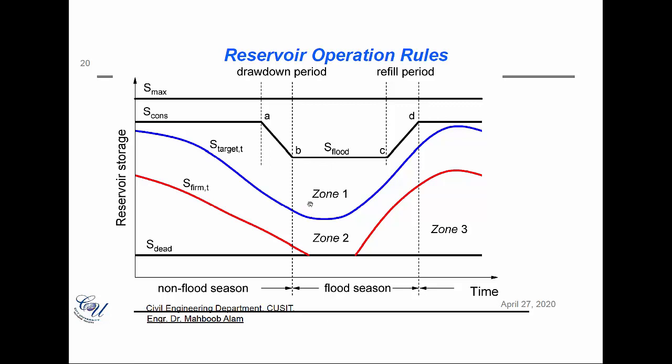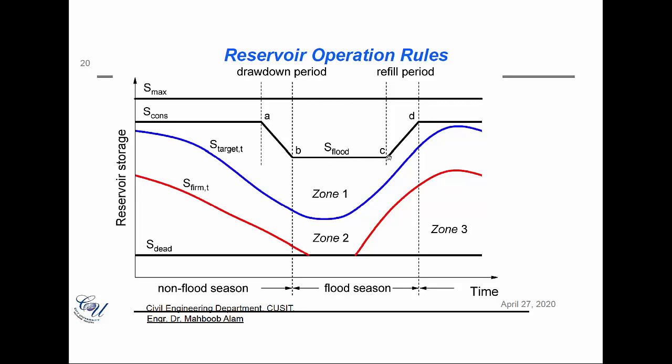When I'm entering the flood season, I have to reduce my storage. I have to draw down from the initial levels, so from point A to point B I have to reduce my levels in the reservoir to this level, because there is a flood season expected, and in flood we have higher discharge. So if this is my maximum storage level, then at least in flood season I have maximum space available so that I can store water.